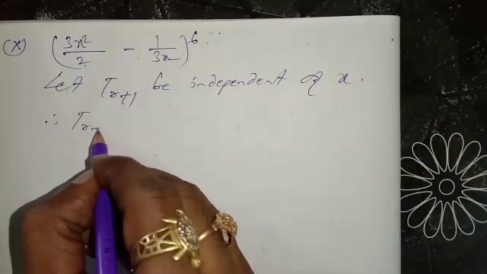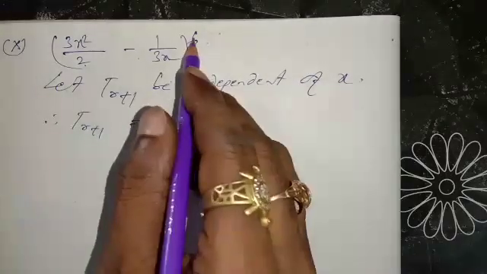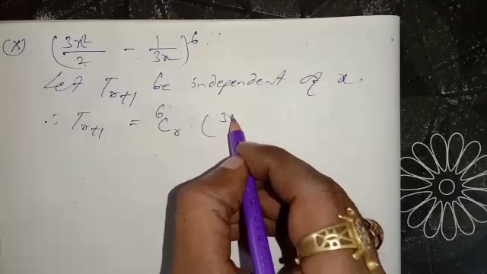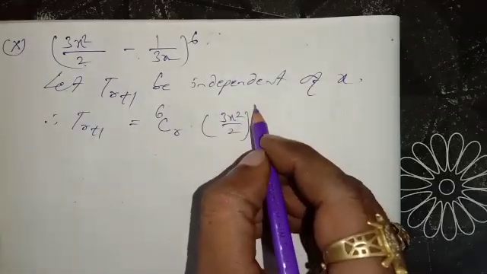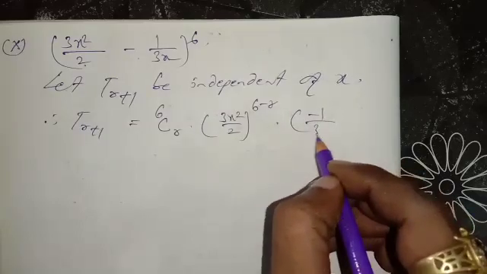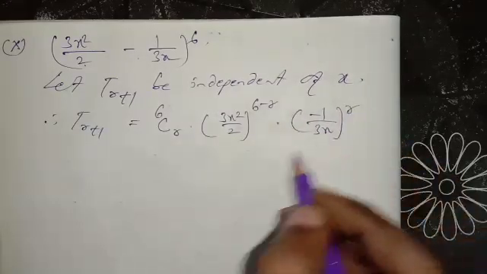Therefore, the T(r+1) term will be how much? As per the formula, power is 6: 6Cr (3x²/2)^(6−r) (−1/(3x))^r.